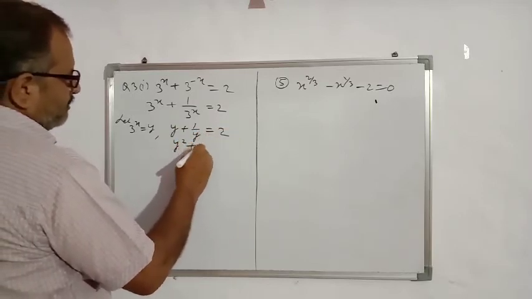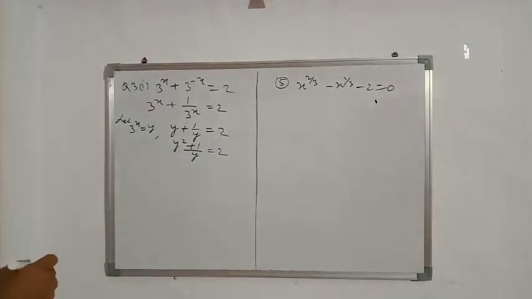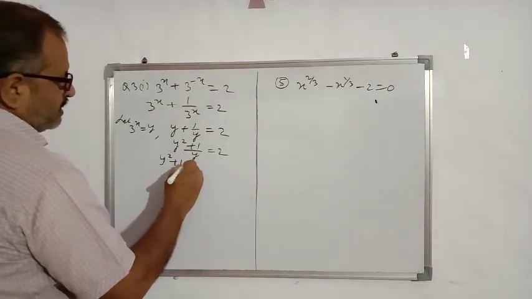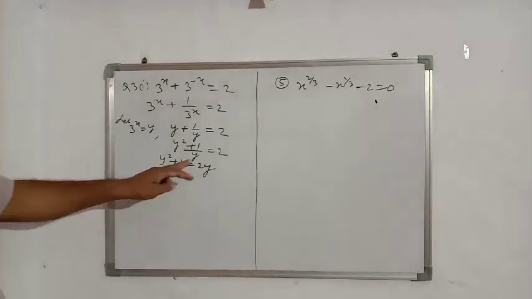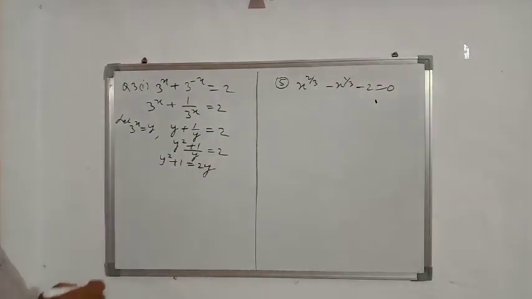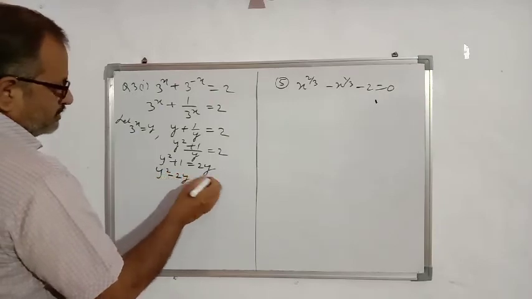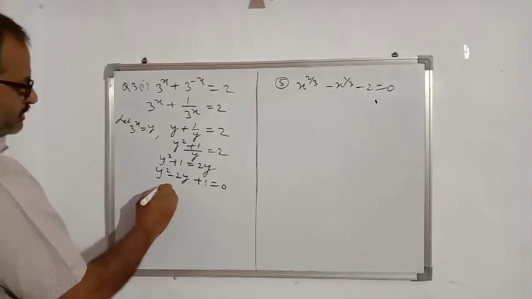y square plus 1 upon y is equal to 2. Cross multiply, y square plus 1 is equal to 2y. So y square, transpose it, minus 2y plus 1 is equal to 0.